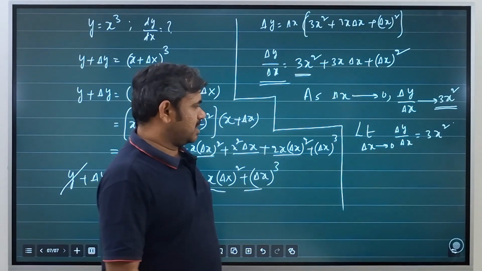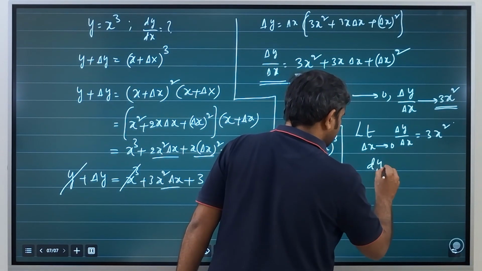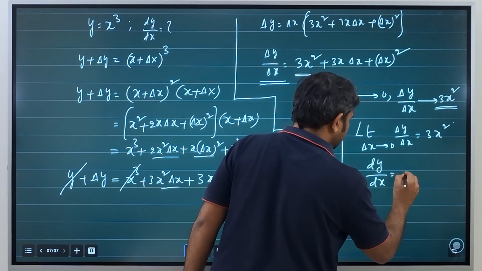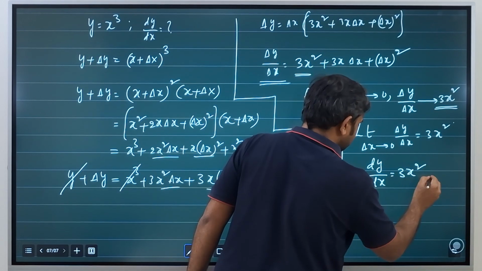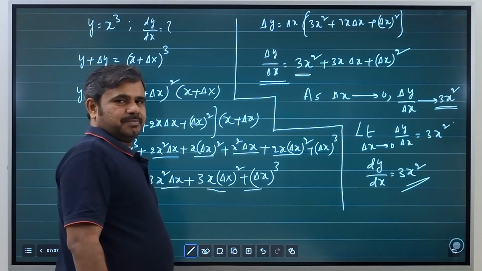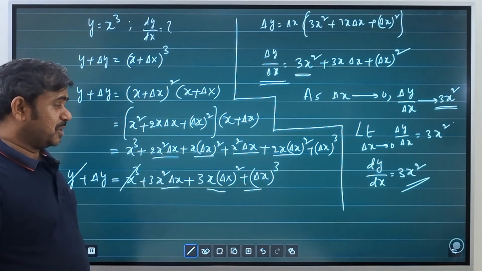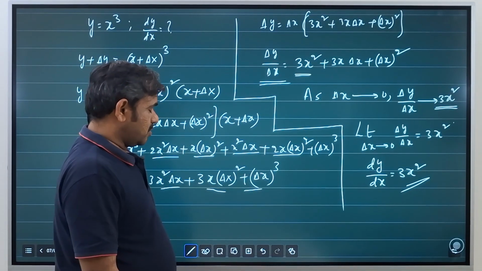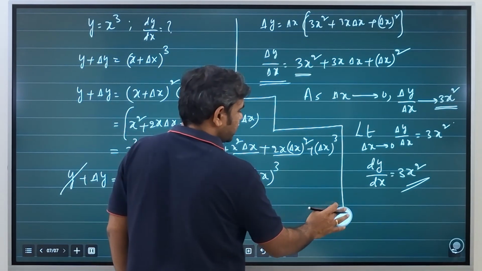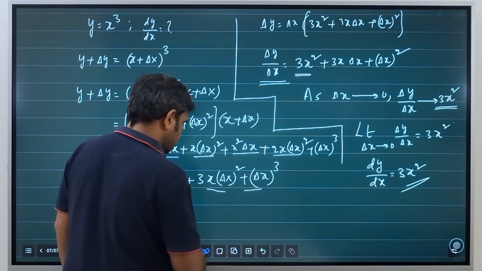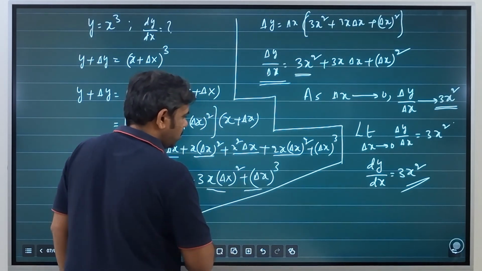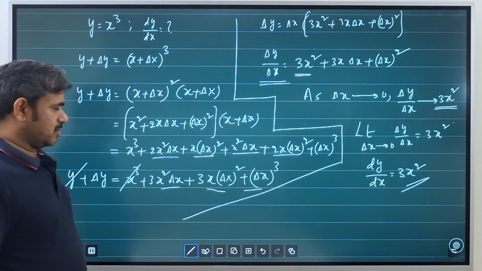We can also write this as derivative of y with respect to x is equal to 3x square. That's how we can write it. So rate of change in y with respect to x is equal to 3x square. Rate of change in y with respect to x at a given value of x is equal to 3x square.